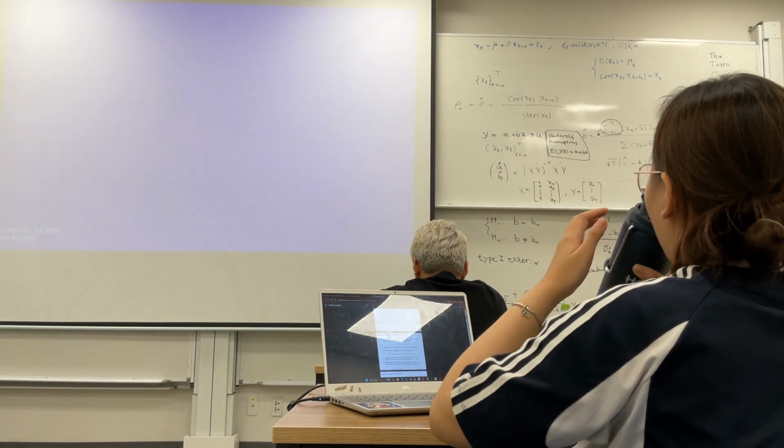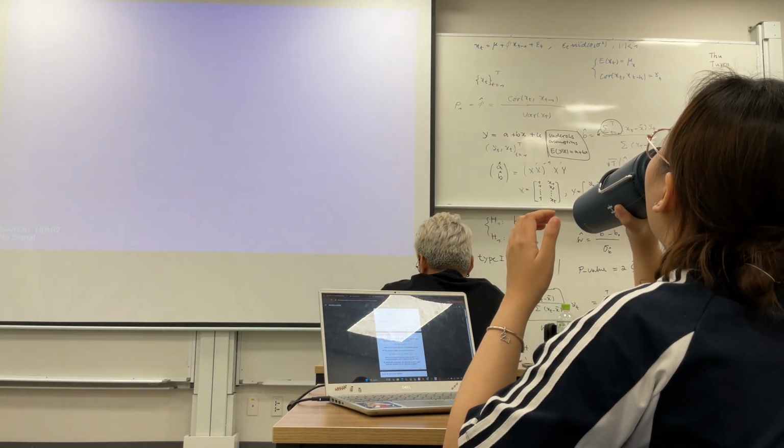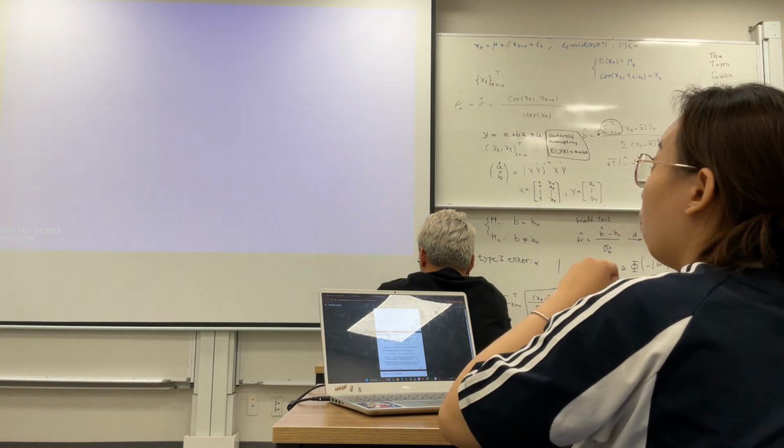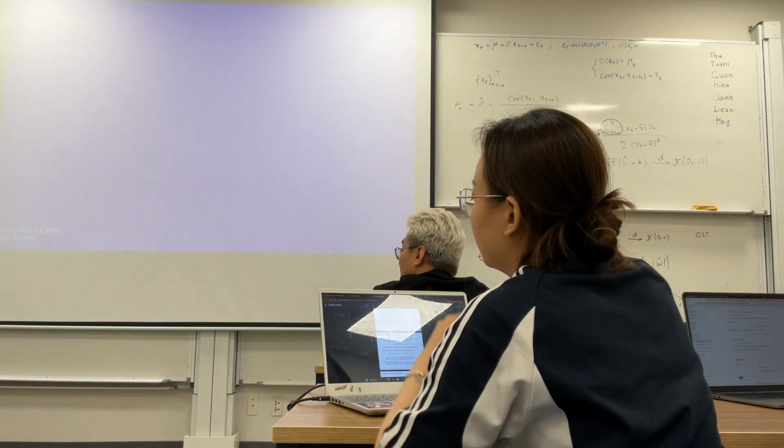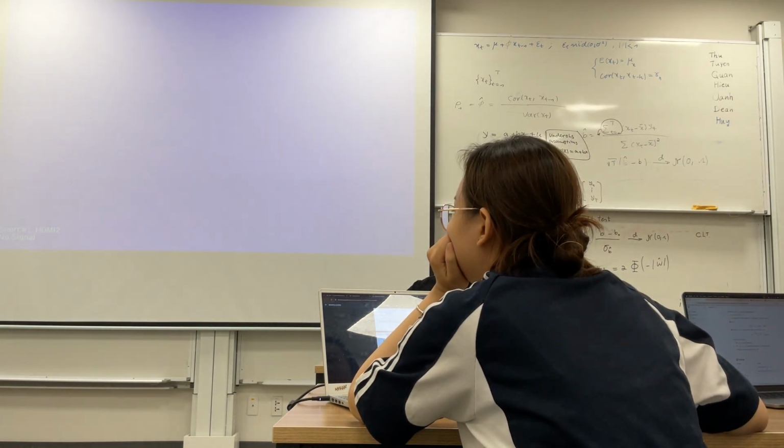So let's say we have observations on y_t and x_t. In theory, but in reality, you observe y and you observe x, and you want to know how x and y are related.